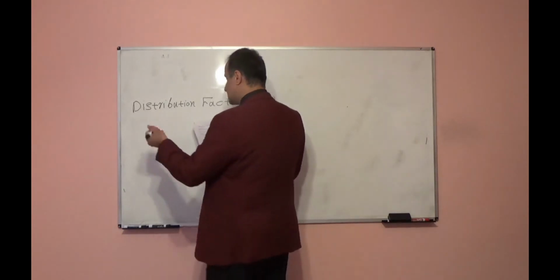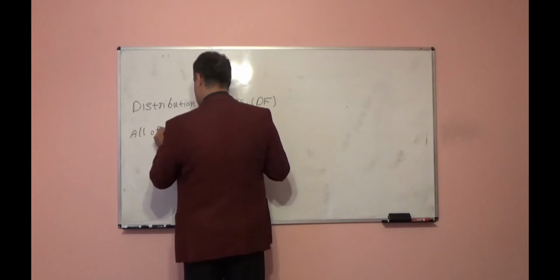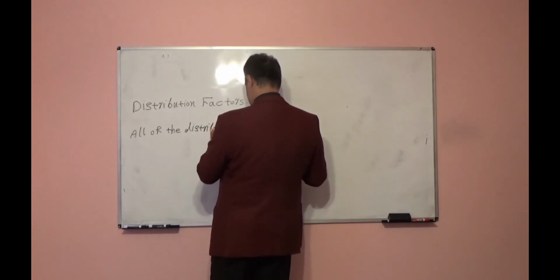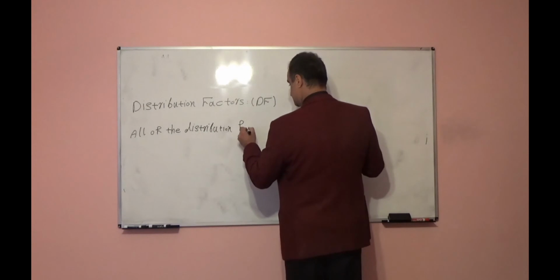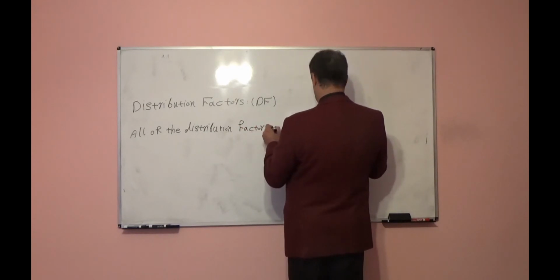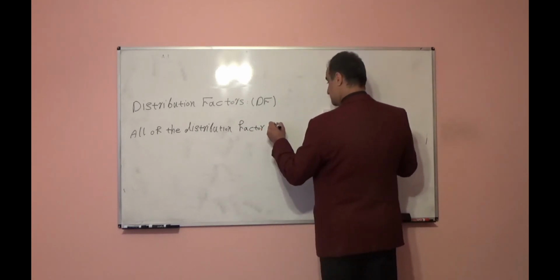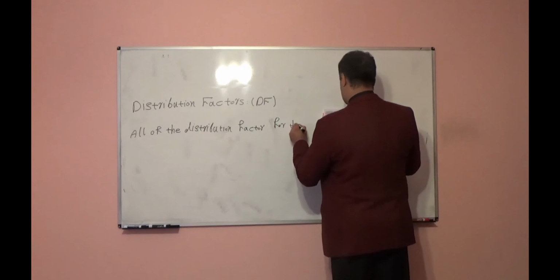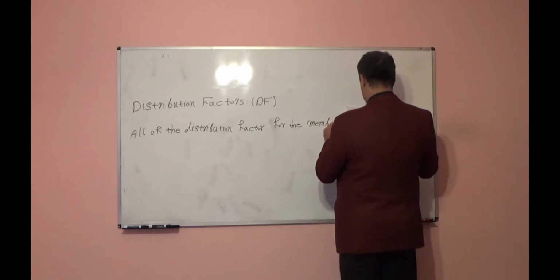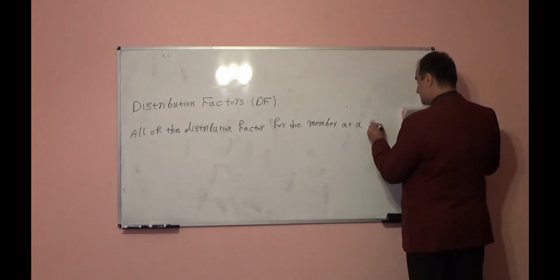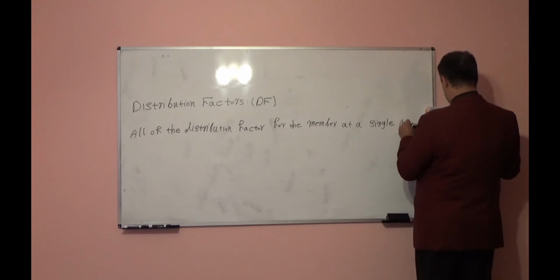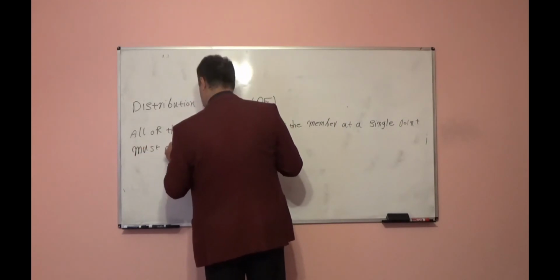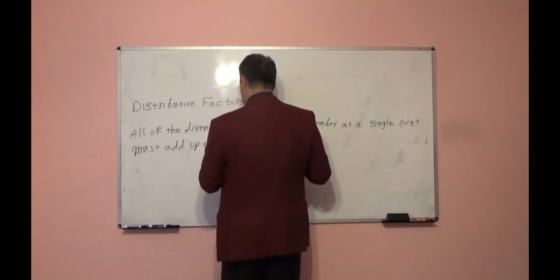The summation of all distribution factors for the members at a single joint must add up to 1.